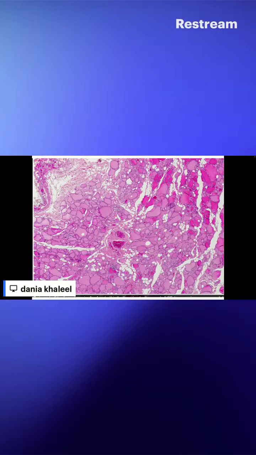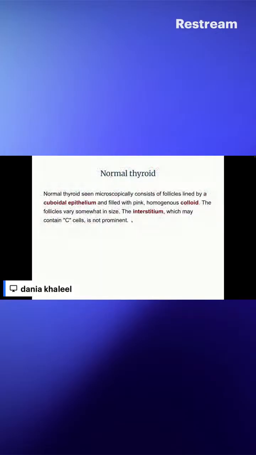You can see there are a lot of blood vessels. It's a very vascular organ, and the stroma can have some fibrosis, depending on the age of the patient and on predisposing risk factors, like exposure to radiation or infection.